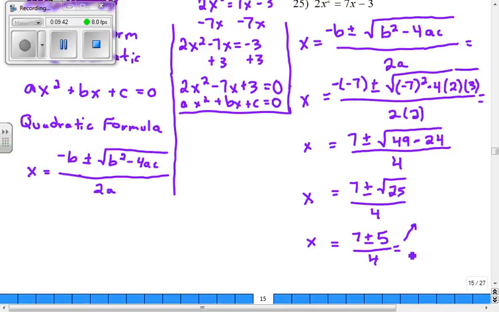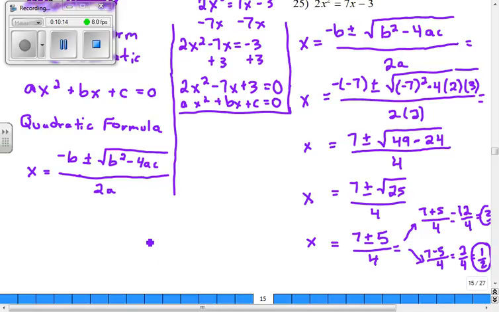So now I can say 7 plus 5 over 4 is equal to 12 over 4, which is just 3. And 7 minus 5 over 4 is 2 over 4, which is 1/2.